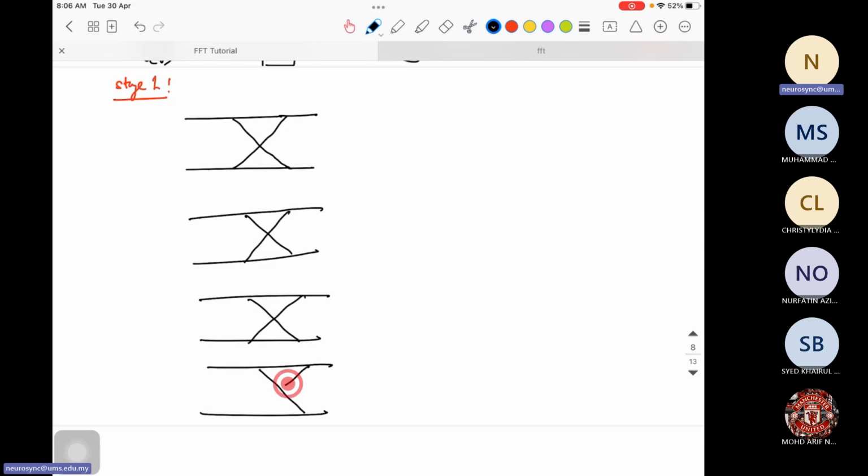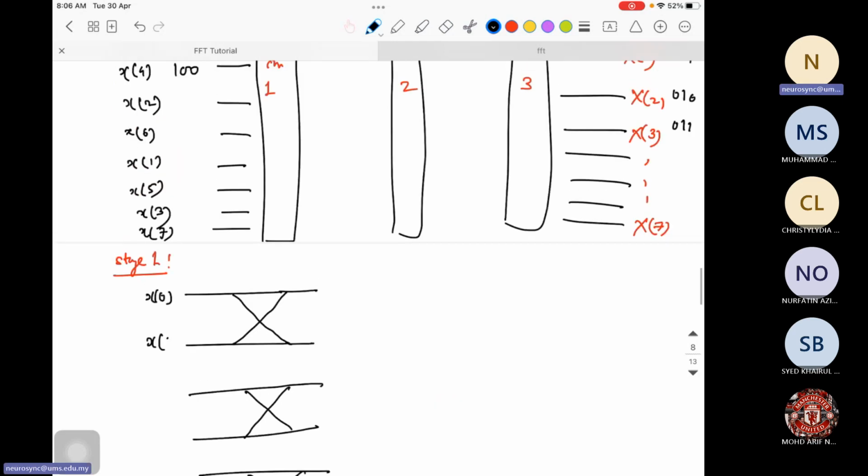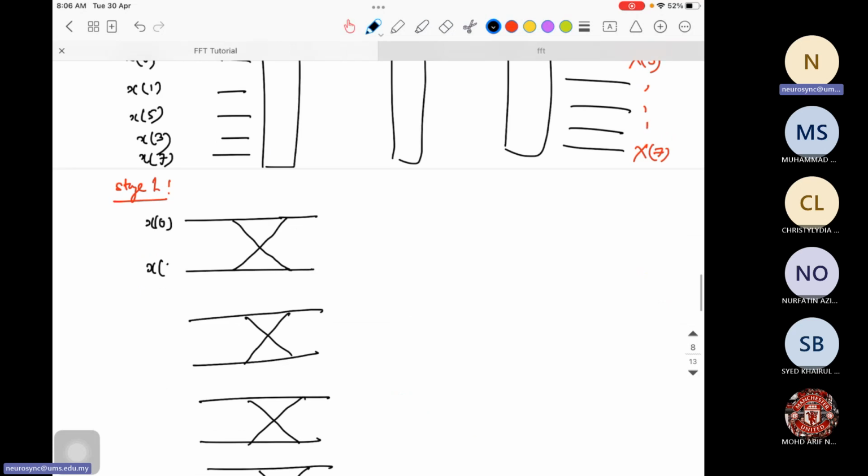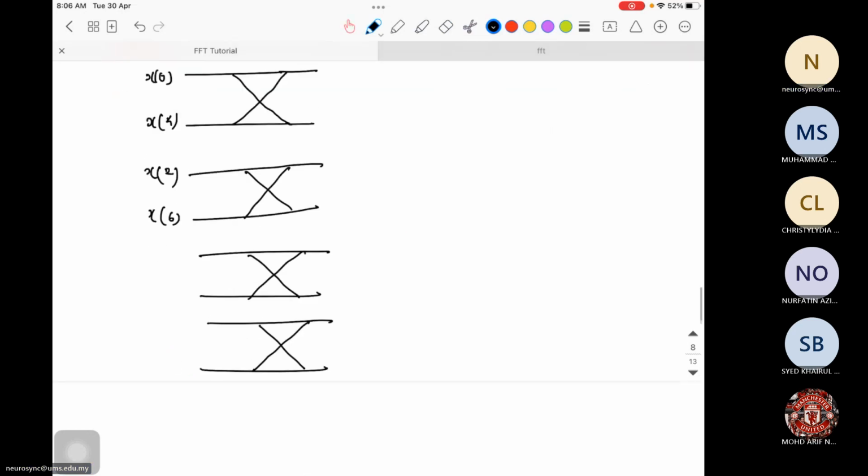We will always proceed with this single DFT. So input is X of 0, X of 4, X of 2, X of 6. You write this in a sequence: X of 1, X of 5, X of 3, X of 7. And this is always minus 1.